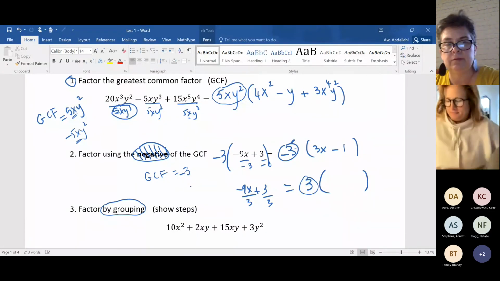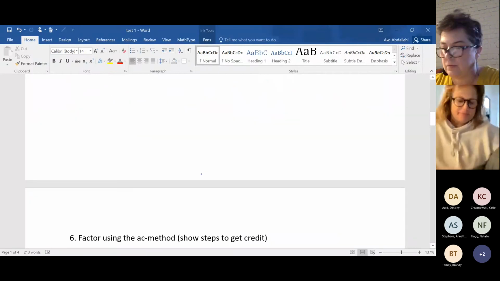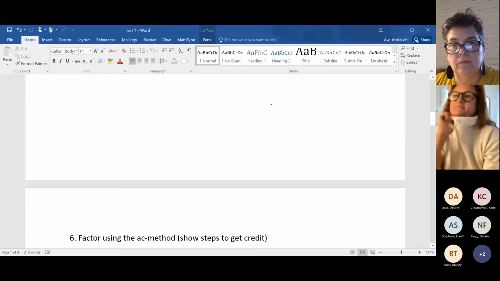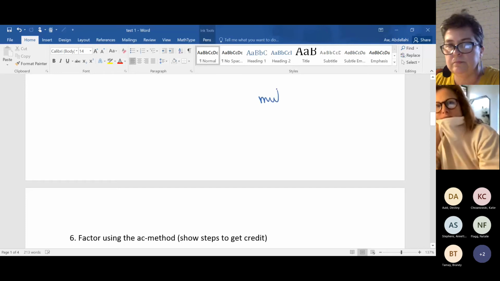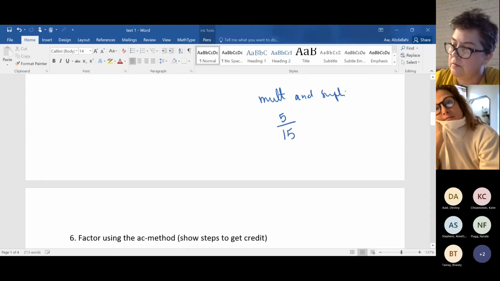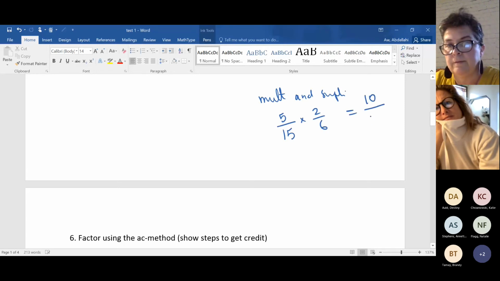So when we say, for instance, multiply and simplify, that is a good question, by the way. We say 5 over 15 times 2 over 6. Somebody does this, it is 10 over 90, and they leave it like that.